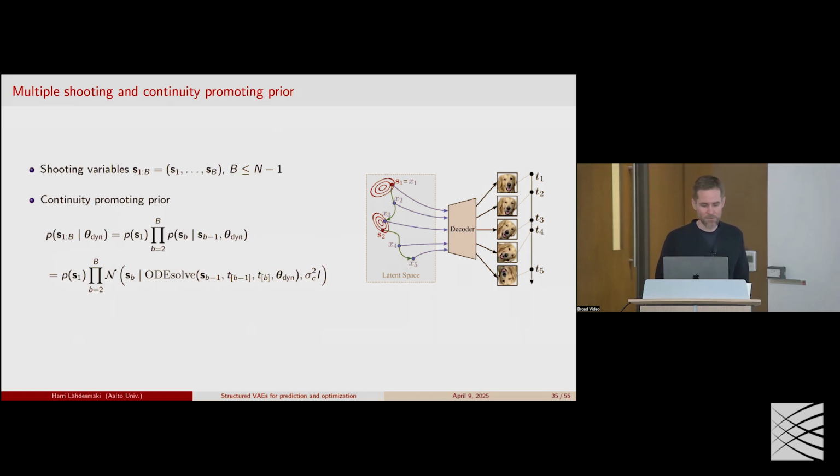And for that purpose, we have been proposing these auxiliary shooting variables, S variables, which are these shooting points here in the latent space, and then a reasonable prior for these shooting variables, which has this kind of first order Markovian structure, such that the next shooting point is always close to the end point of the ODE solution that we obtained from the previous time.